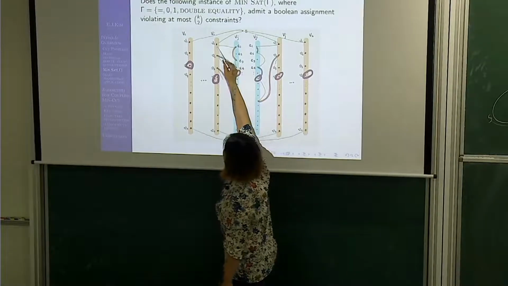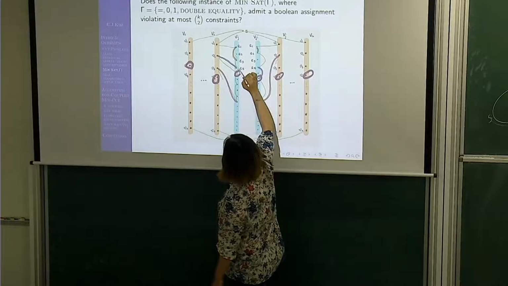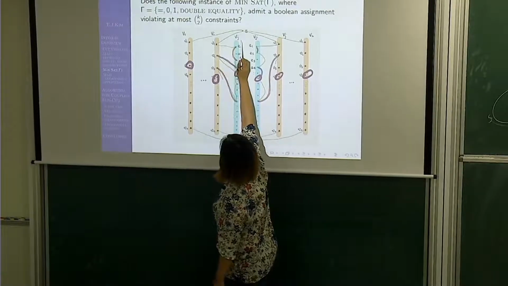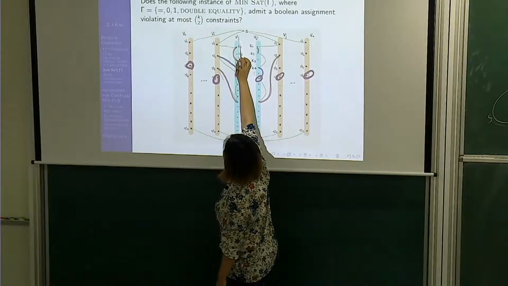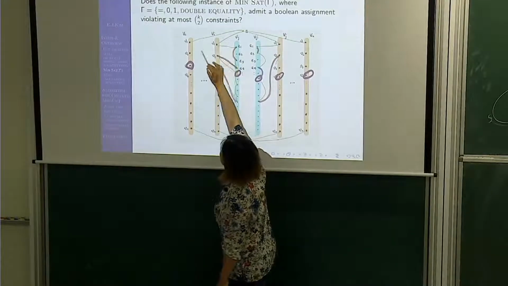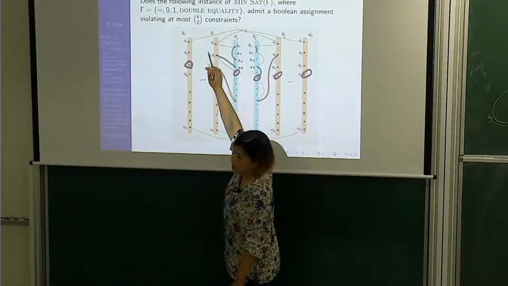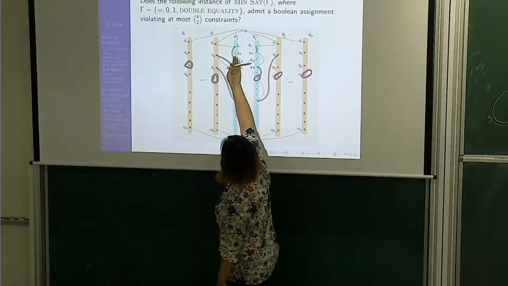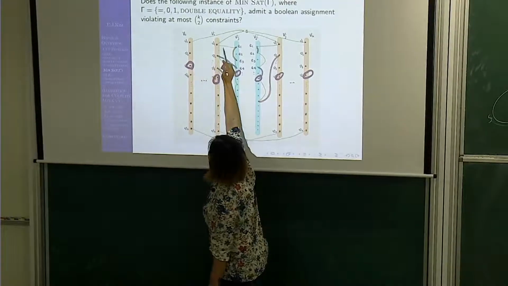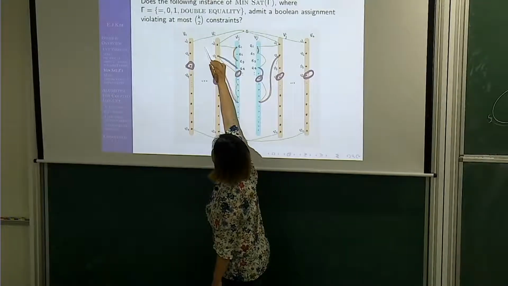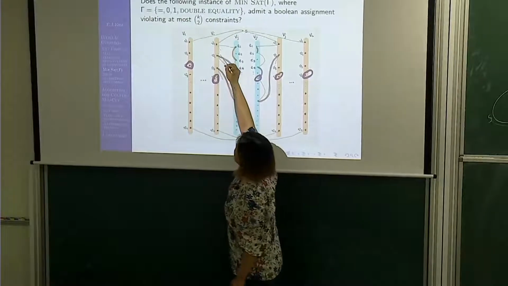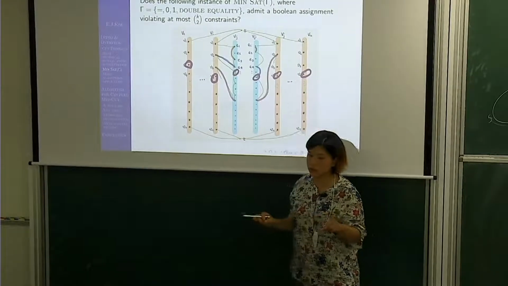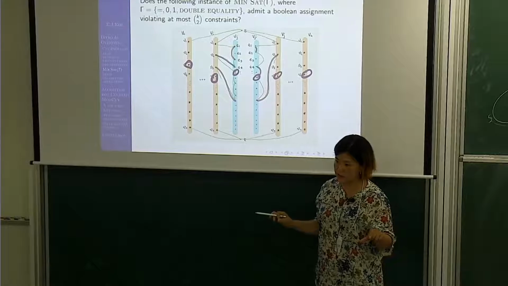Between V1 and V2, there is this path, but for different j, where j is anything from 1 to k except for i, there will be a similar copy, and V1 and V2 will have a path going through that part. So between any two vertices, there will be k minus 1 vertex disjoint paths.